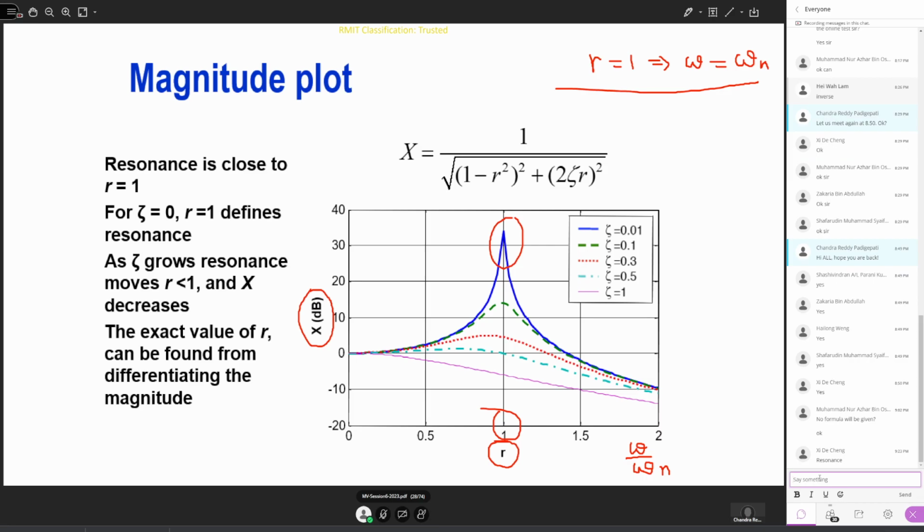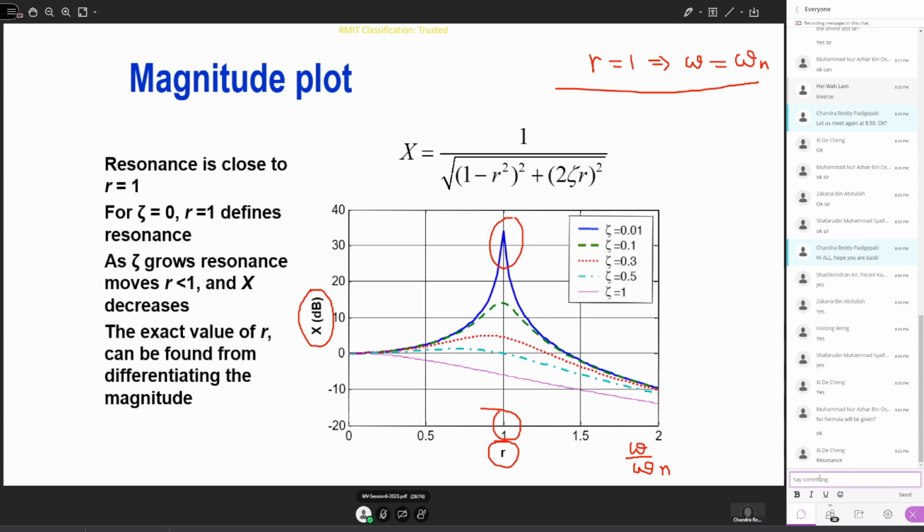That's correct, C.D. Chen. This condition is called resonance. So when you're asked to calculate the resonance frequency, it means your natural frequency should equal the excitation frequency.